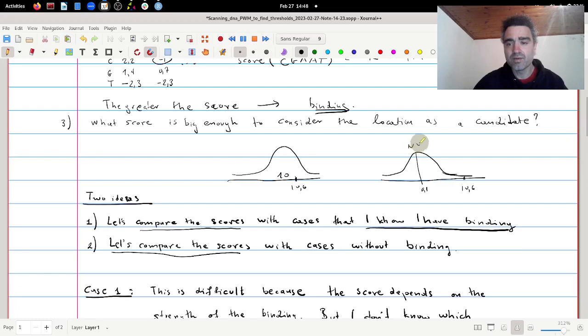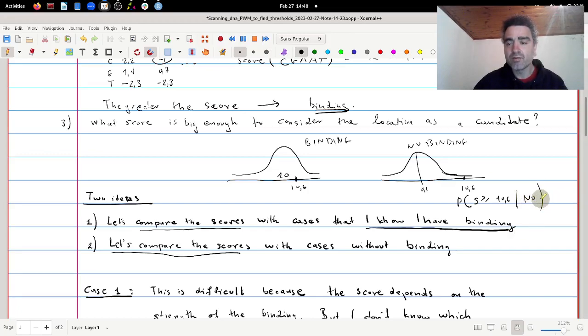So here is no binding, here is binding. Or in other words, in this second case, to write it precisely, I must write the probability to get a score S which is equal or greater than 10.6 when I have no binding.